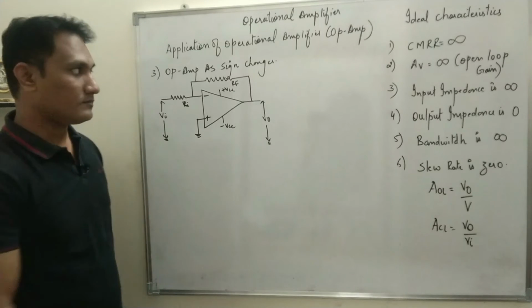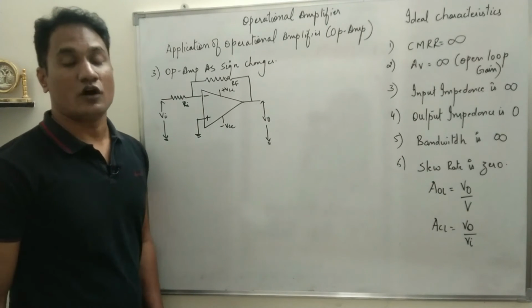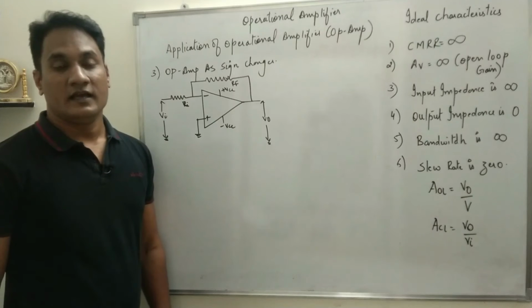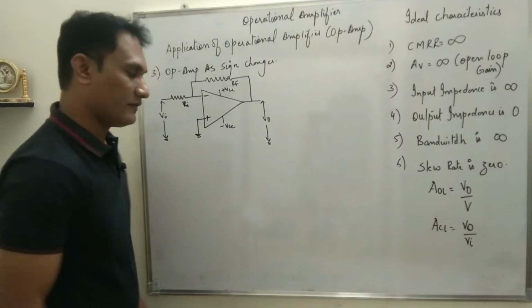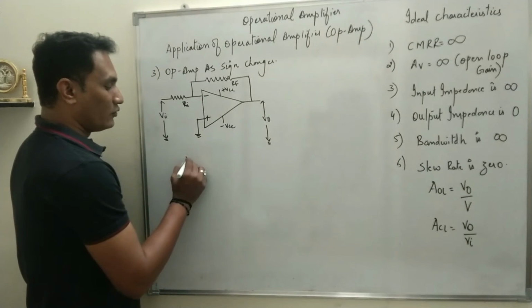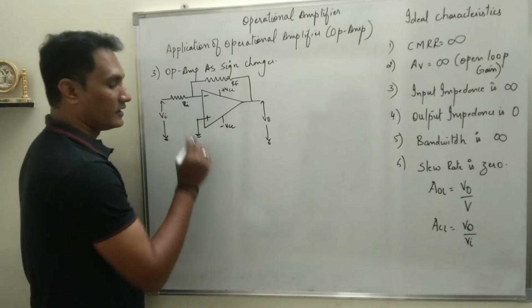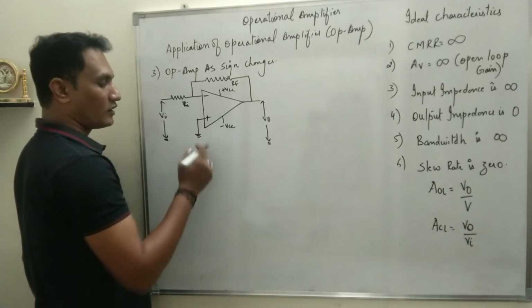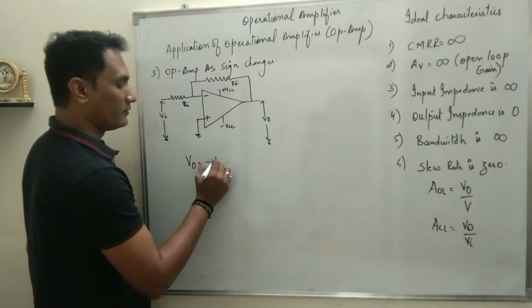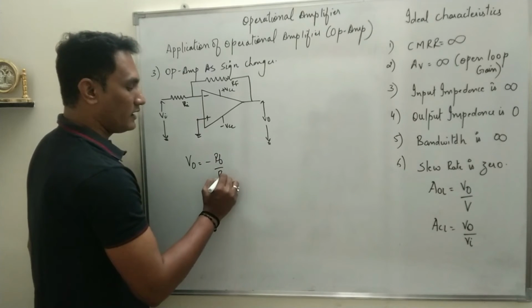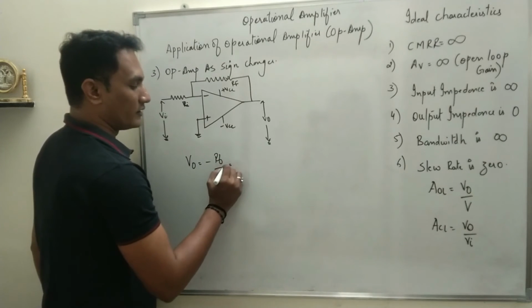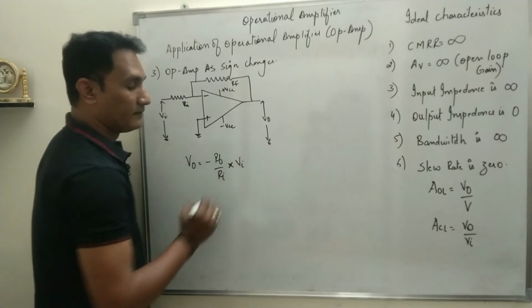That means this circuit is op amp as inverting amplifier. In the previous videos we have obtained the output voltage equation for inverting amplifier. So the formula will be minus Rf upon Ri multiplied by Vi.